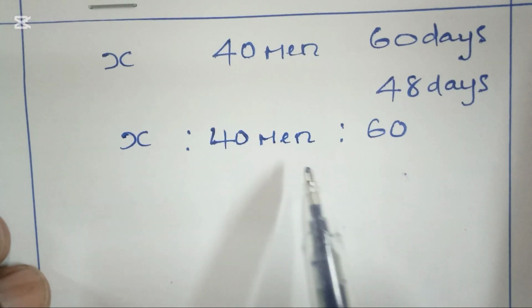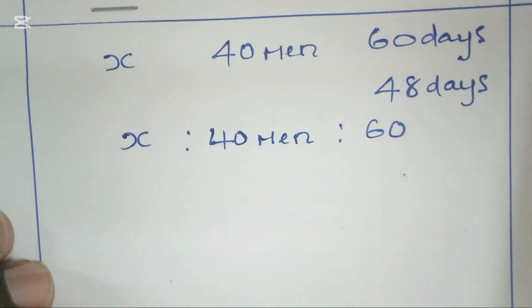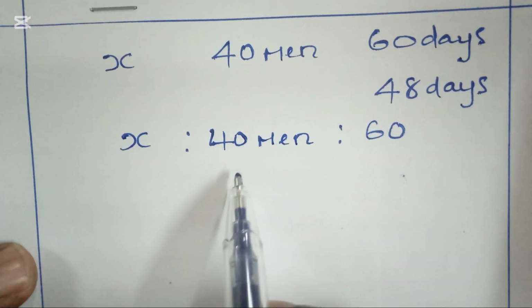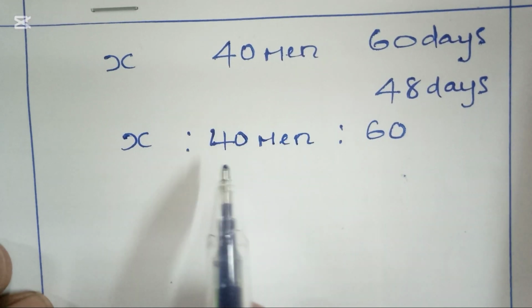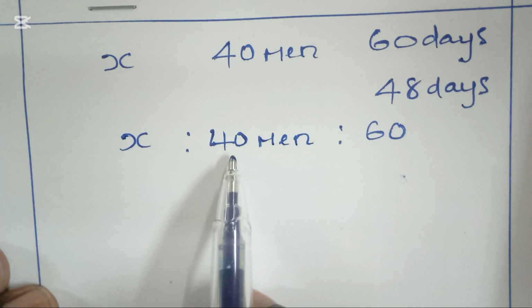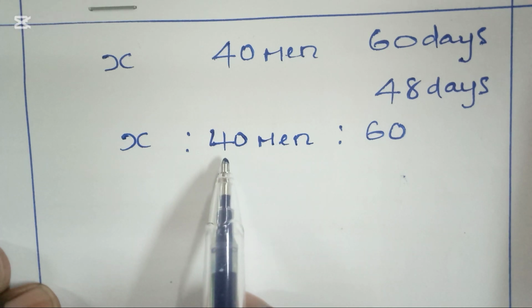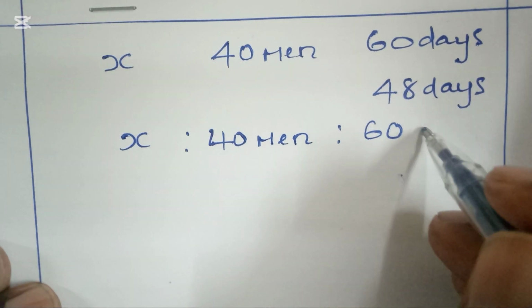So let's calculate the amount of work that one man can do for 1 hour. The first thing we are going to look at is the fraction of the work that can be done by one man in 60 days.